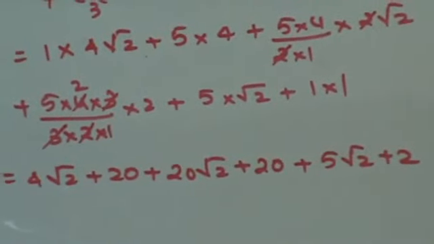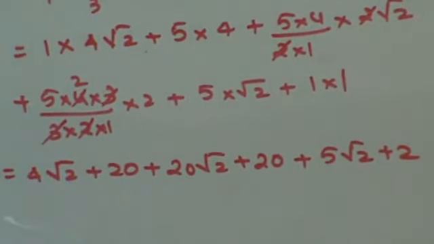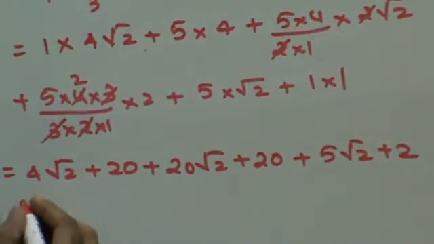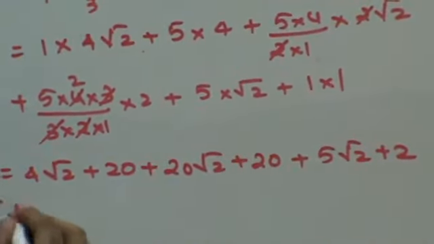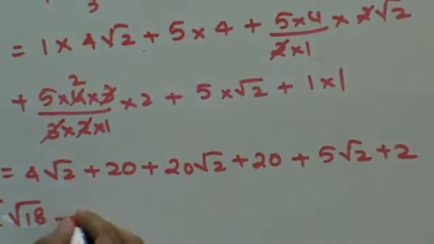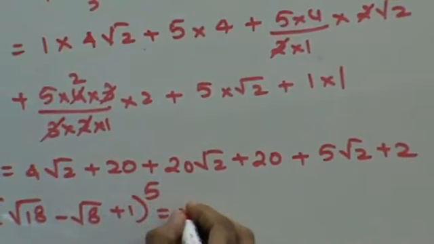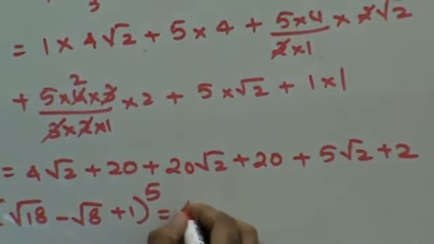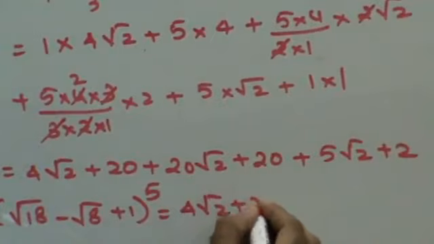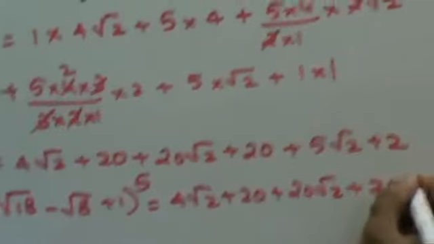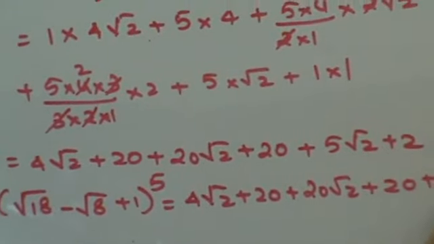So we found root 18 minus root 8 plus 1 the whole raised to 5 is this. I'm going to write this once again to explain it to you: it is nothing but 4 root 2 plus 20 plus 20 root 2 plus 20 plus 5 root 2 plus 2.